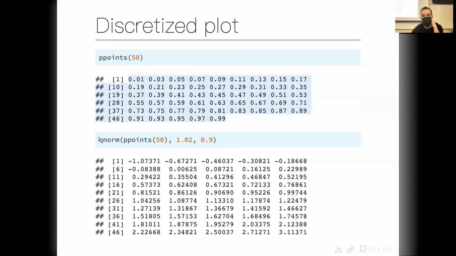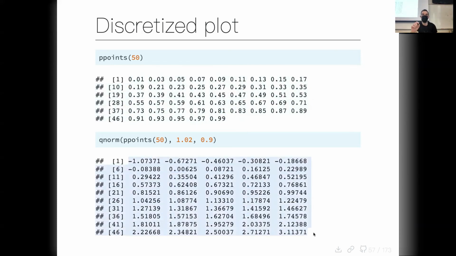Then from there, we can use qnorm, which we saw way back at the beginning, right? And we can say, what are the values at these probabilities under a distribution that has these properties? So our distribution that we had before, 1.02 and 0.9. And so this is going to transform these probabilities into these actual estimates.